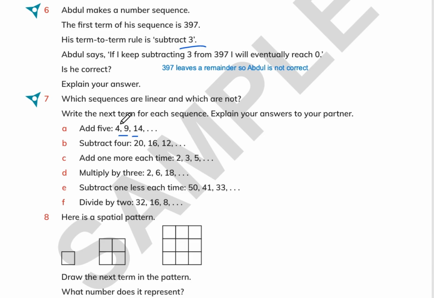The difference between these two numbers is 5, and the difference between these two numbers is also 5, and the numbers are increasing, so that is why it is plus 5. And what will be our next number? It will be 19. So yes, this is a linear sequence.